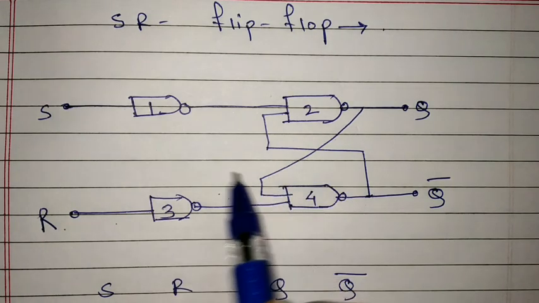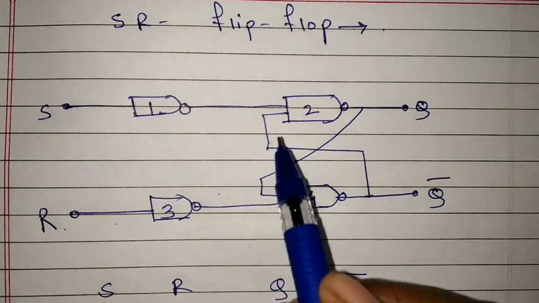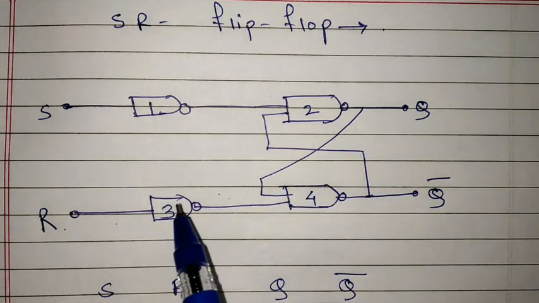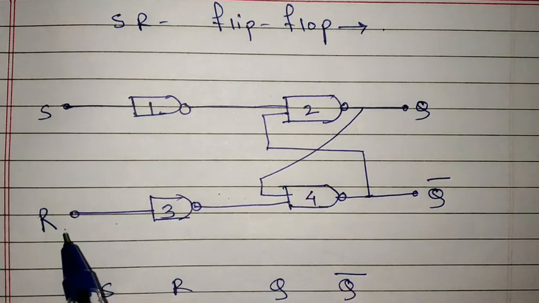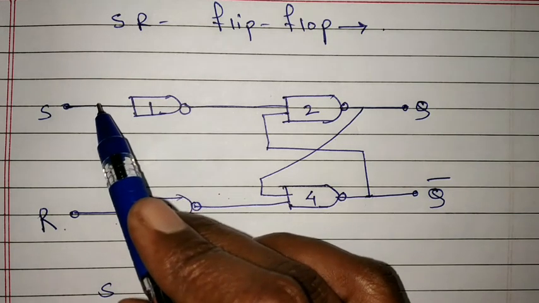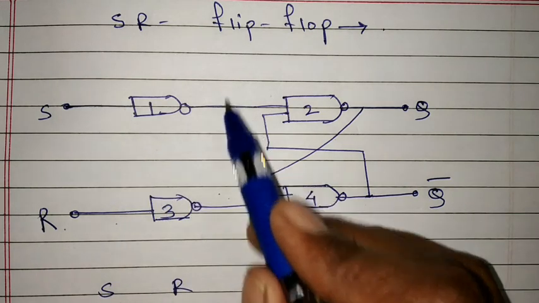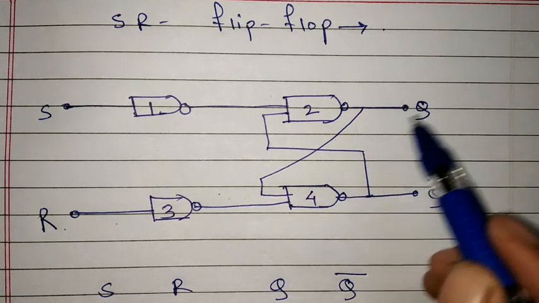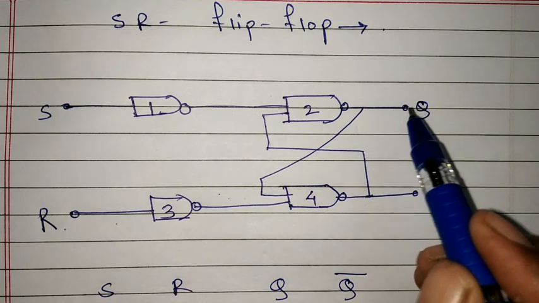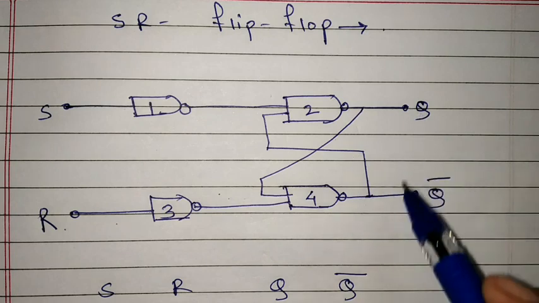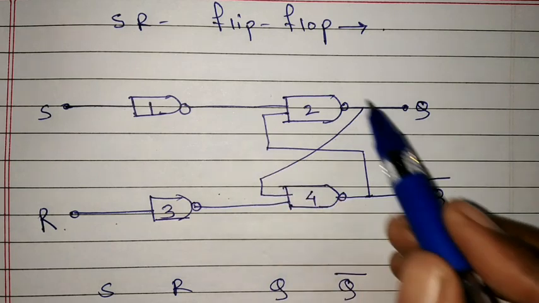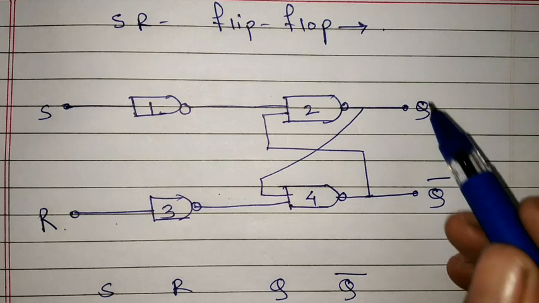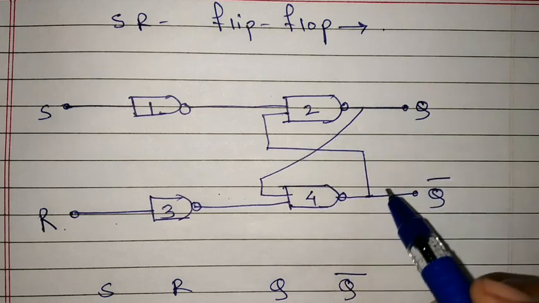So what happened? See the operation of this SR flip-flop. If S is 0, R is 0, so one of the inputs is 0, output will be 1 and 1. Then based on the present state, Q will be 0 or Q will be 1. So exact opposite will be Q bar. So based on the values of Q and Q bar, the operation will be performed.